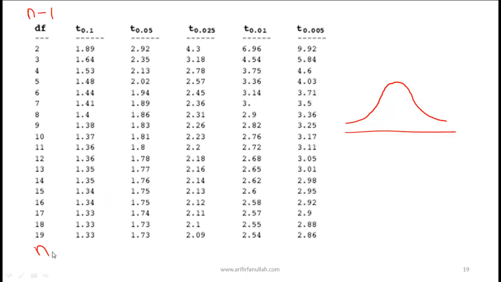So if n is equal to 20, then the degrees of freedom will be 19. And let's say that you want to determine the t distribution for a probability of 0.05. The way this works is the way it's given over here.